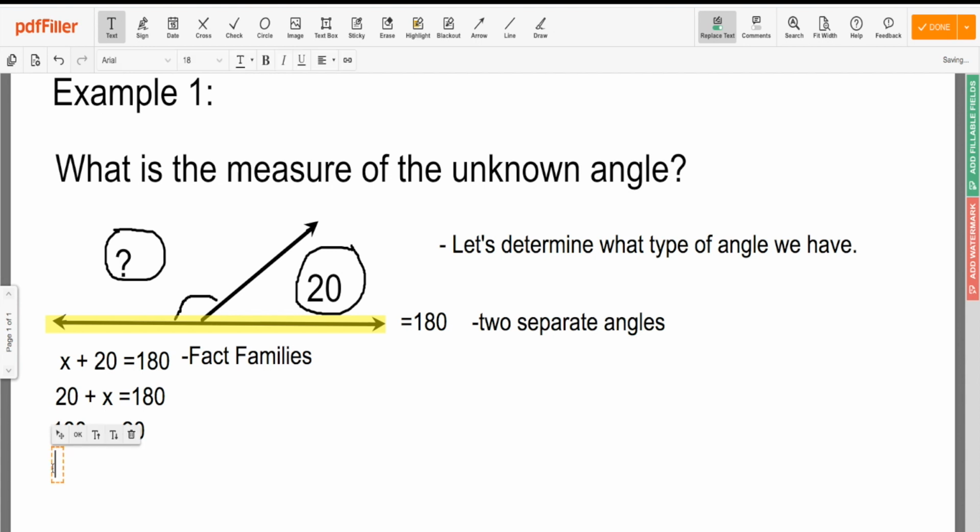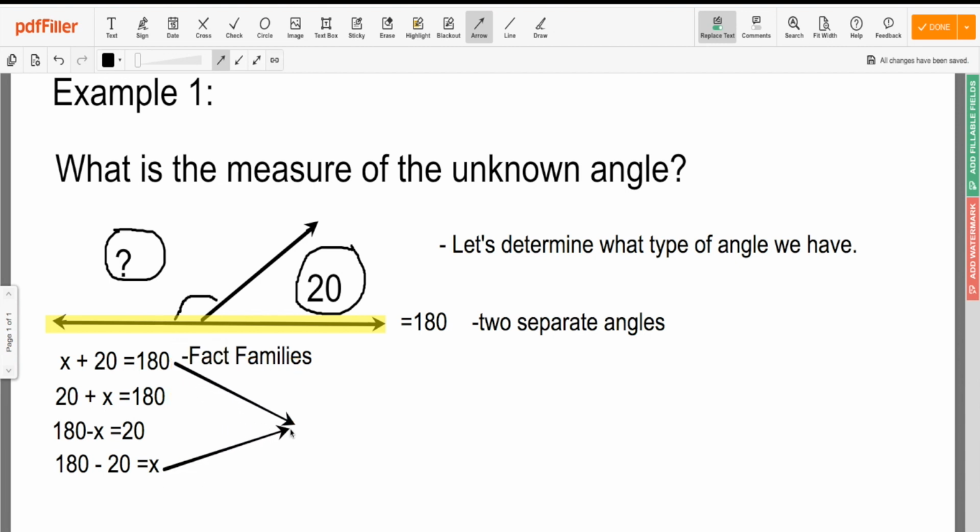And our last subtraction equation will be 180 minus 20 equals x. Of these four equations, which equation will we use to solve for x? That's the question. You're absolutely correct. We will use 180 minus 20 equals x.